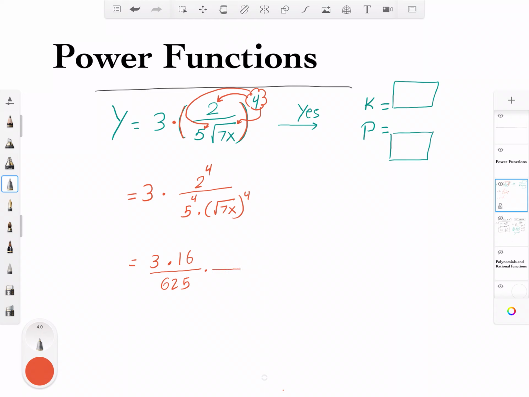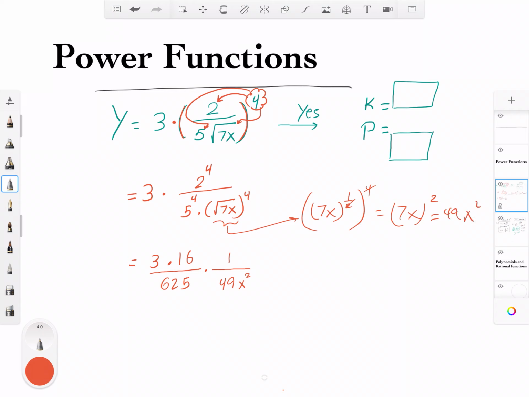And this gives me 49x squared. So 7x to the power 1/2, raised to the power of 4, 4 times 1/2 gives us 7x squared, which is 49x squared. So we're almost done.